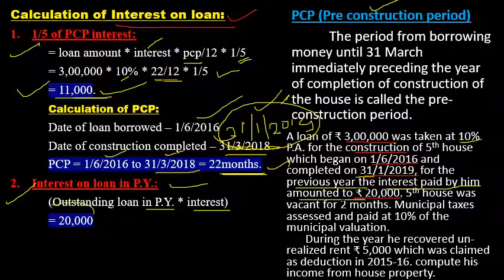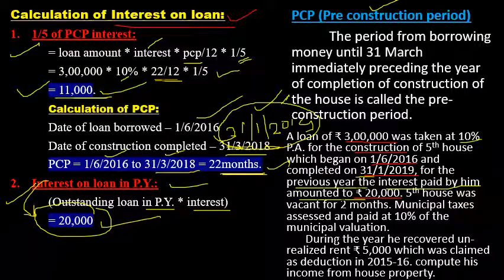So it is directly given. No need to apply this particular equation or find out the interest on loan in previous year because it has been given in the problem. If it has not been given, then you have to calculate by applying this equation.